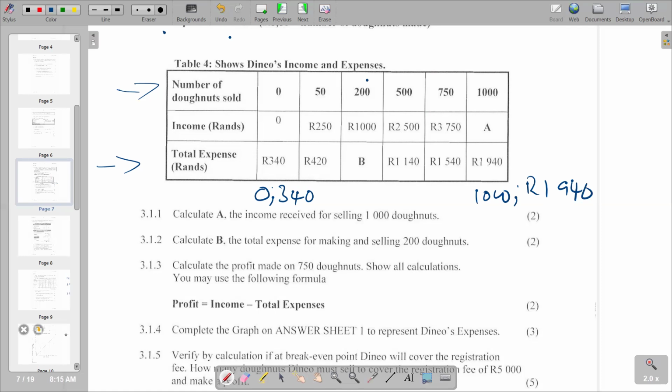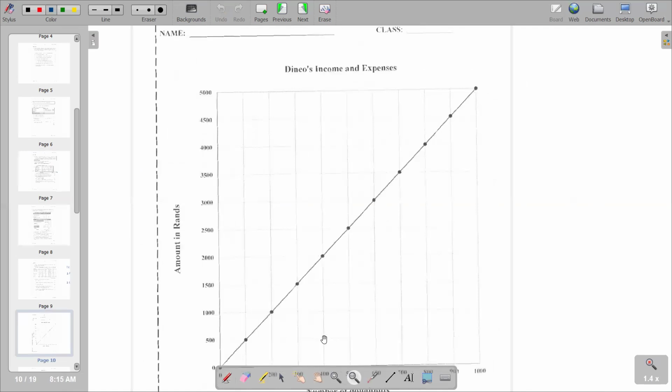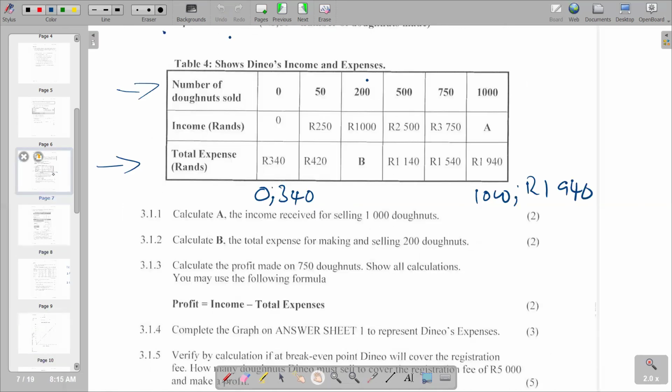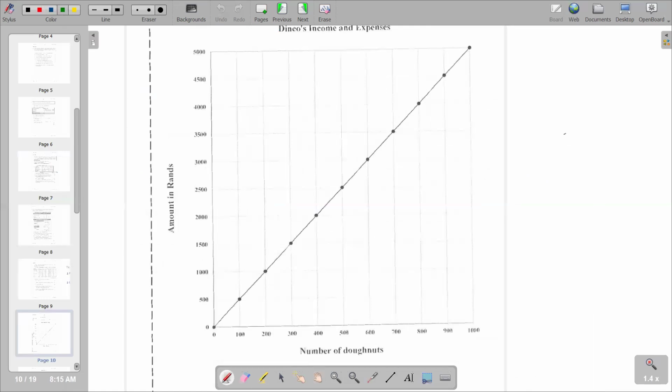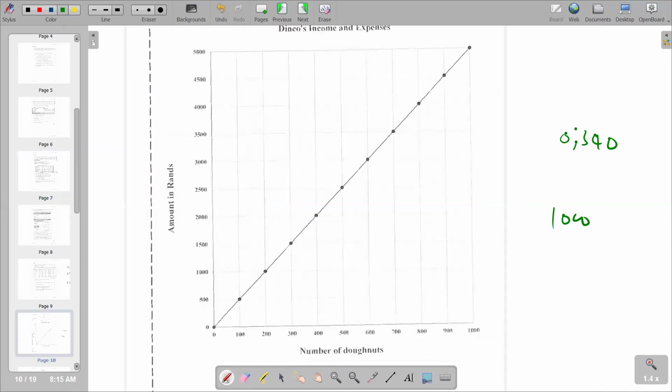So these are the 2 points that we are just going to take note of on the graph. If you refer to our graph, you see that this is going to be our graph. The 2 points that we have identified are 0,340 and 1,000,1,940.